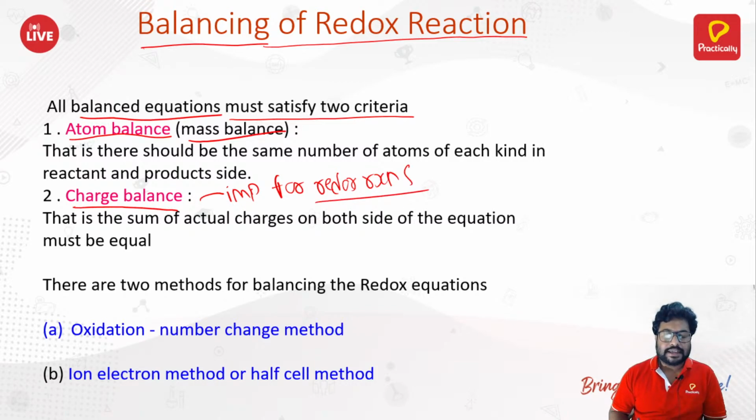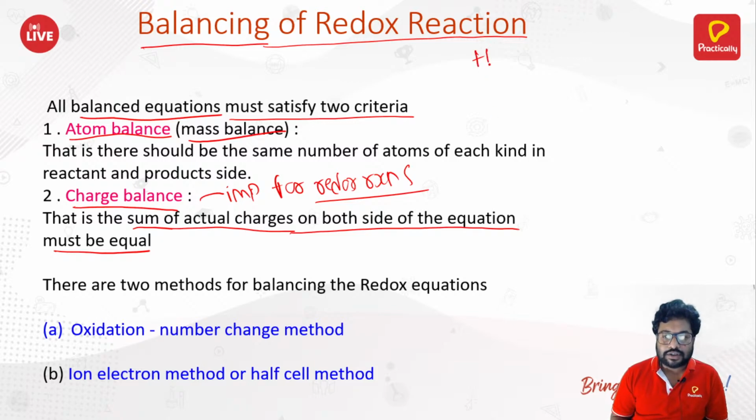The sum of actual charges on both sides of the equation must be equal. That means, suppose if you have a plus 11 charge on the left hand side, then you should have a plus 11 charge on the right hand side. Then and only then can this be called a balanced reaction.